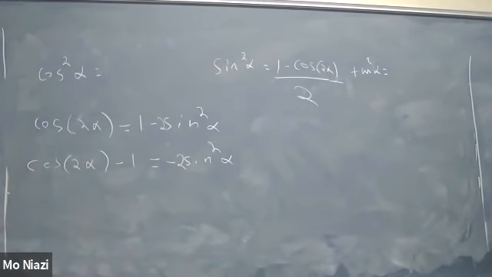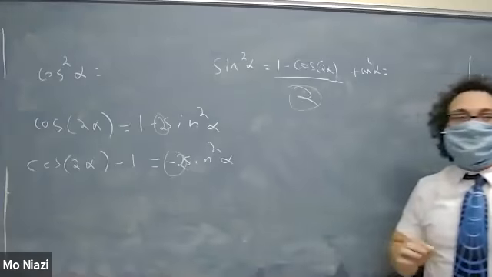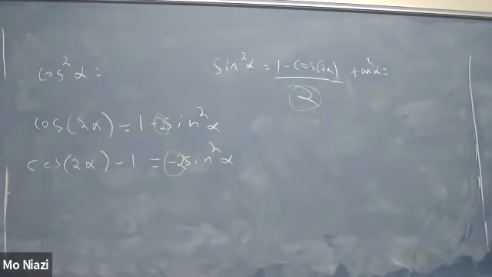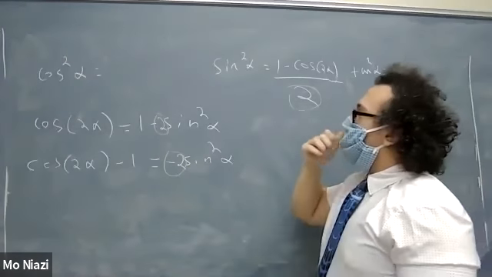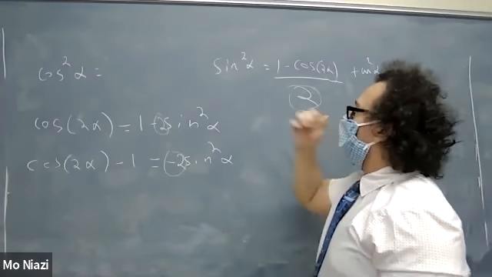When I wrote this, I forgot to put the 2 on it. So in your notes, just know that there needs to be a 2 there. So this is a power reducing formula for sine squared alpha. I had the power 2, and now I can re-express this trigonometric function of power 2 as a trigonometric function of power 1.